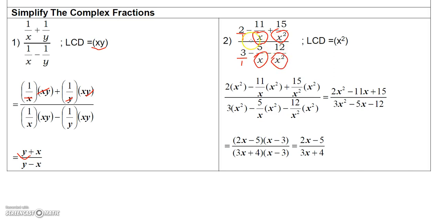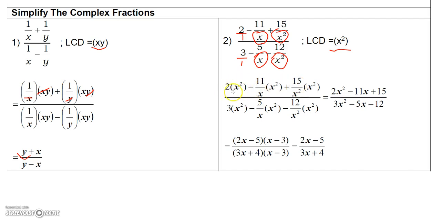Okay, so the smallest power of x that both x and x squared will go into would be x squared. So now I want to multiply each one of these terms in the numerator by x squared, and then multiply each term in the denominator by x squared. And that will eliminate these fractions that I have.